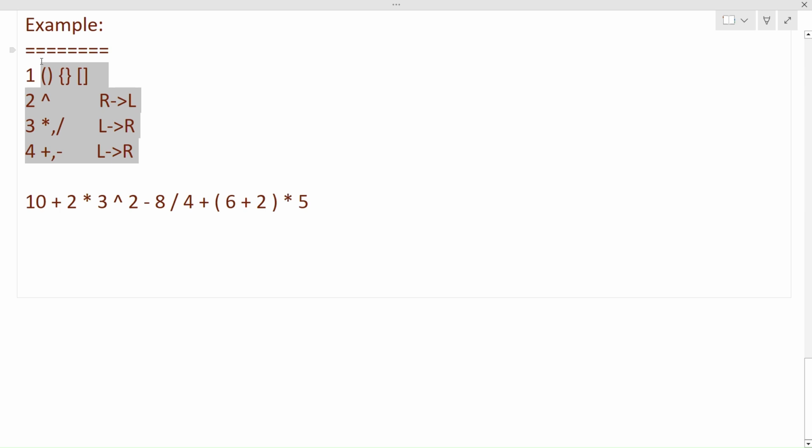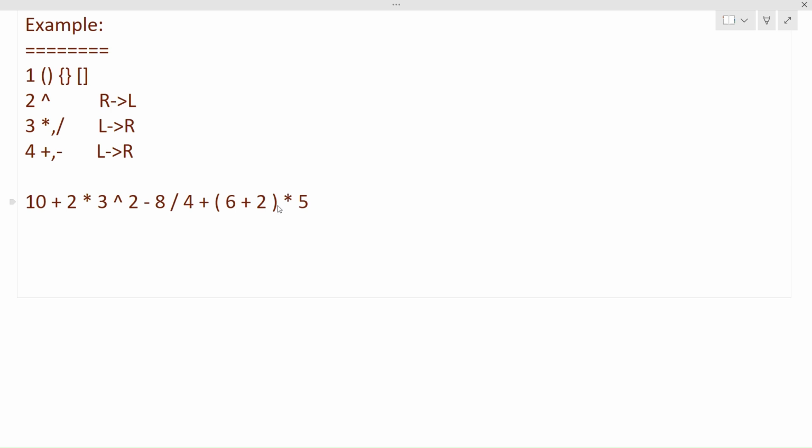When you are solving any big problem, first try to write these rules, then you can solve this problem very easily. Now as you can see here, we found these brackets have the first precedence level. So now we need to solve this. When we are solving a problem, first we need to think about the precedence level. If the precedence level is same, then it comes to the associativity rule.